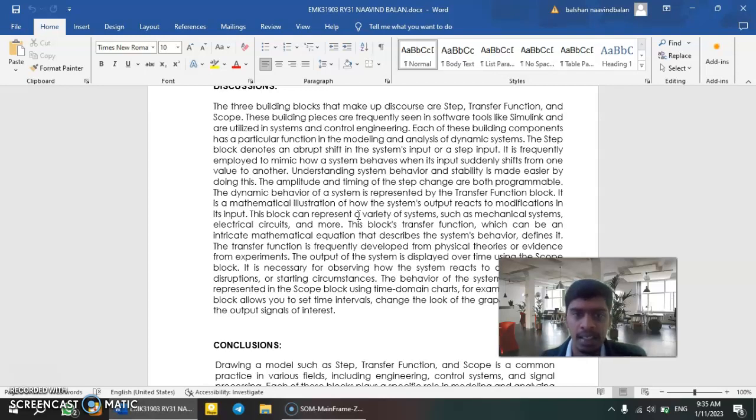It is a mathematical illustration of how the system's output reacts to modifications in the input. The block diagram can represent a variety of systems, such as mechanical systems and electrical circuits. These transfer function blocks can be intricate mathematical equations that describe the system behavior.